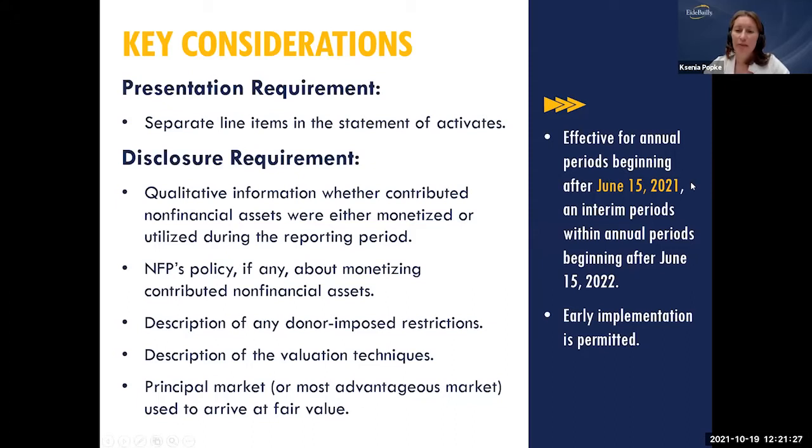The effective date for this particular standard is for annual periods beginning after June 15th, 2021, which puts June 30, 2022 as the first fiscal year of implementation. This particular date is a little bit different than what you would see in other standards, where typically FASB has a December year end as their key implementation date.